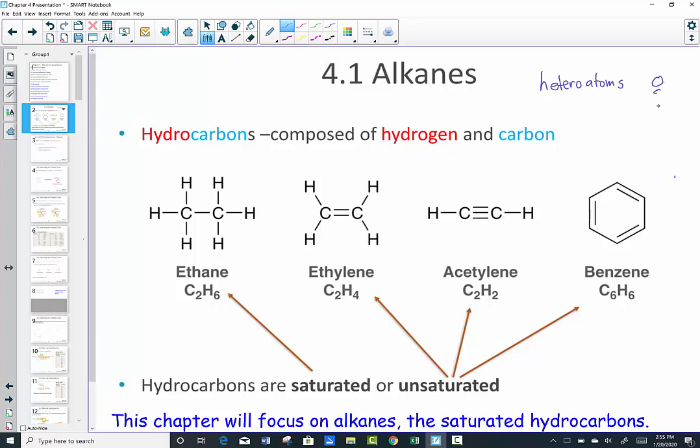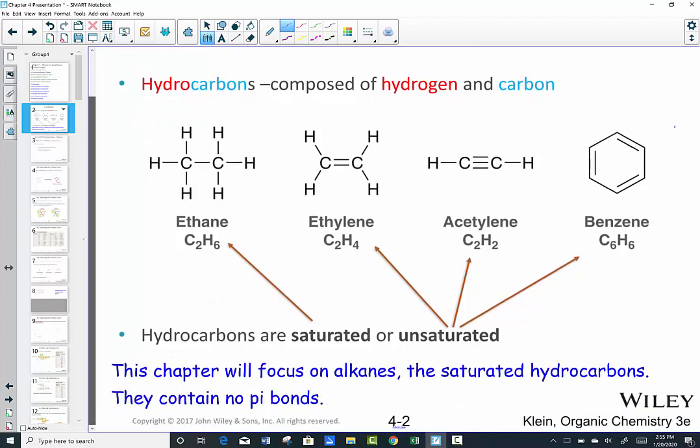Things like oxygen, sulfur, nitrogen, so forth. Those are known as heteroatoms. These are not part of our game in this chapter. Simply straight chain hydrocarbons. They'll have substituent branches and perhaps a cyclic ring as well. So notice we're just focusing on alkanes. There are no pi bonds in an alkane.